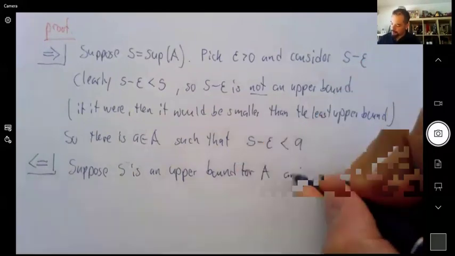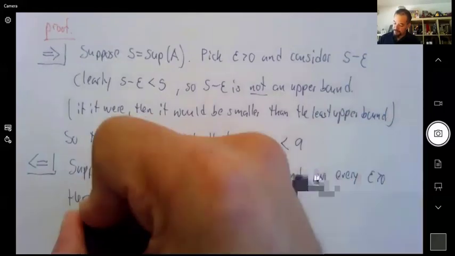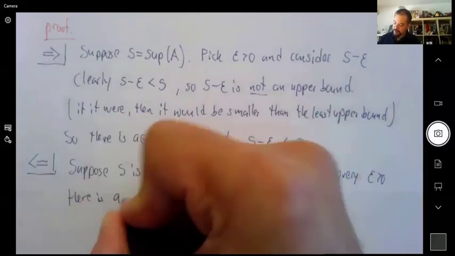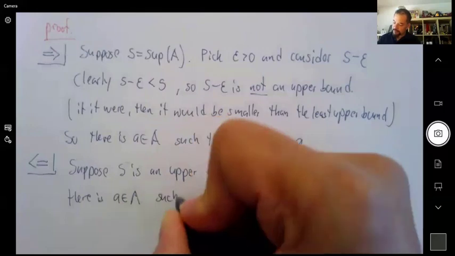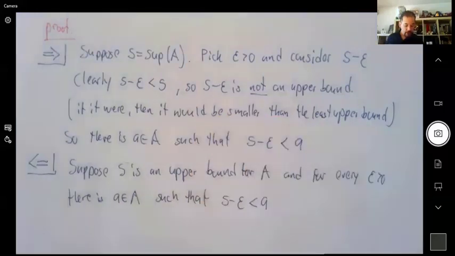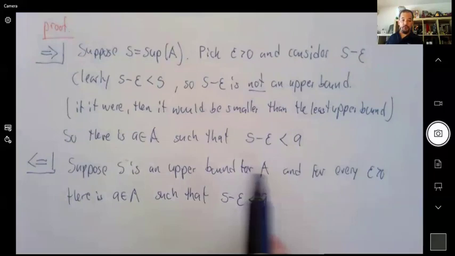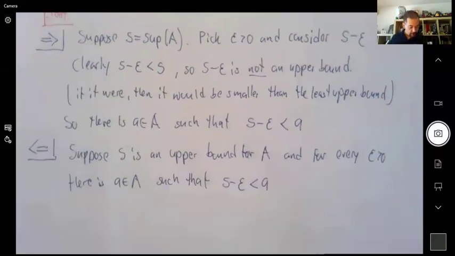For every epsilon, there is some little a in A such that S minus epsilon is smaller than a. And then what we need to show is that S is the supremum. Now we already know it's an upper bound, so the only thing we need to show is that it is the least of the upper bounds.